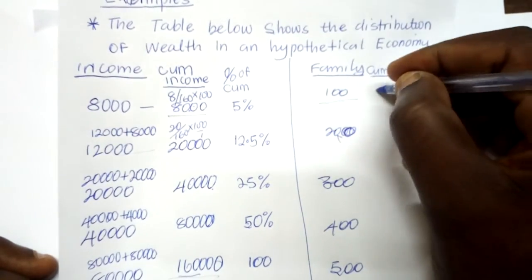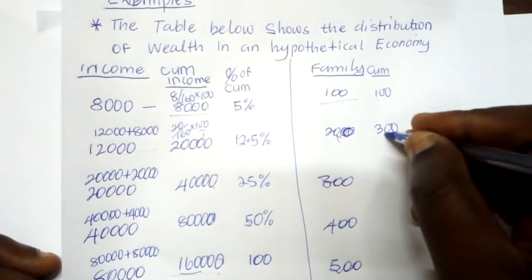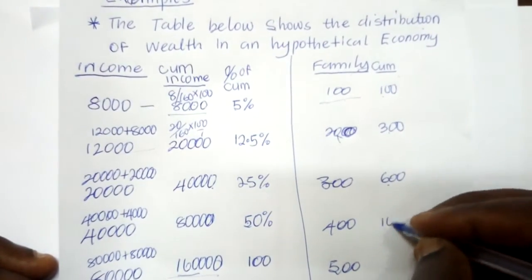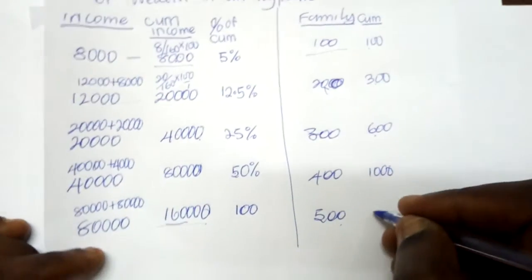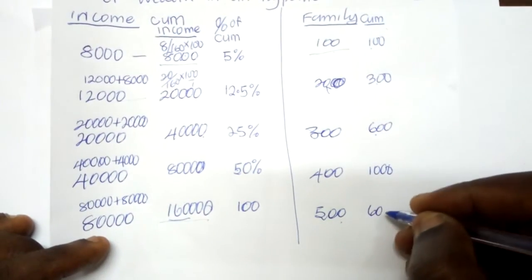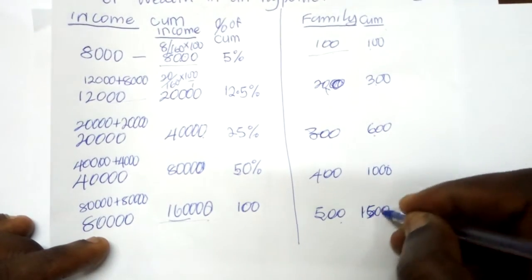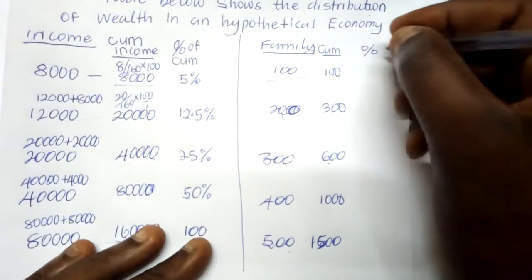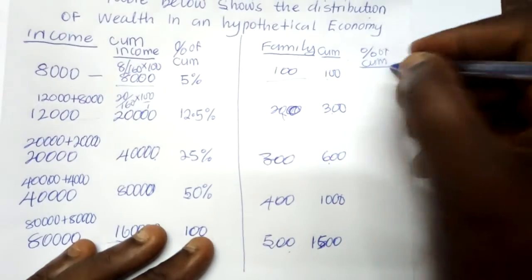The cumulative here is 100. 100 plus 200, 300. 300 plus 300, 600. 600 plus 400, that's 1,000. 1,000 plus 500, that's 1,500. Now you get the percentage of cumulative. So that's another step.